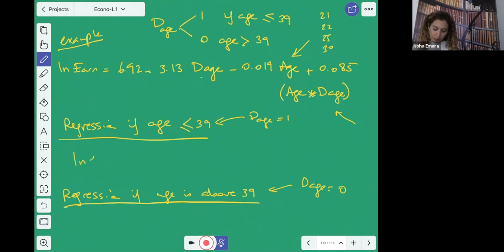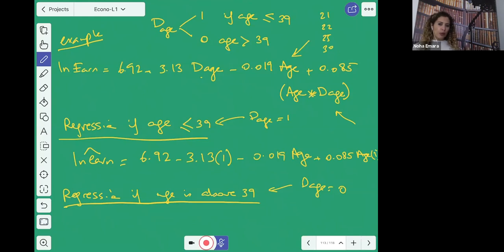log earning. I read log earning as learning. Okay. Log earning is equal to 6.92 minus 3.13 multiplied times 1 minus 0.019 age, right, plus 0.085 age times 1. So there is another 1 here multiplied. I want you to combine any number.